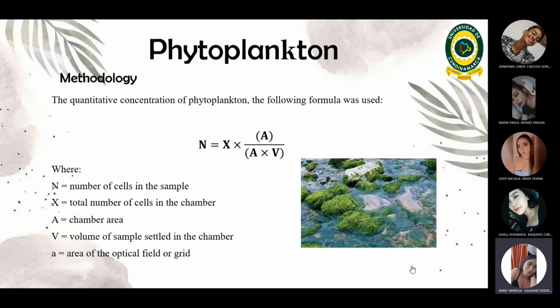To determine the quantitative concentration of phytoplankton, the following formula was used, where the number of cells in the sample, X, equals the total number of cells in the chamber, A, equals chamber area, B, equals volume of sample settled in the chamber, A, equals area of the optical field or grid.